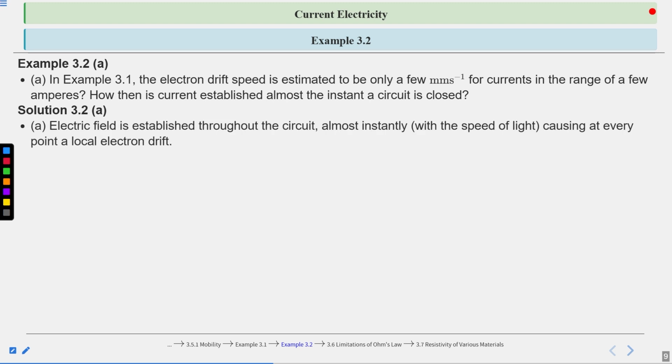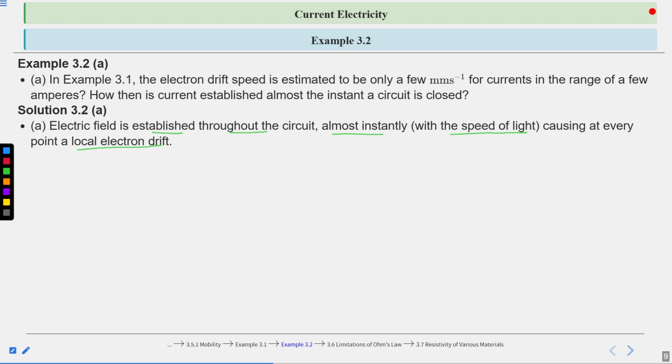So the electric field is established throughout the circuit almost instantly, causing at every point a local electronic drift, due to which electrons present everywhere in the conductor feel the force.